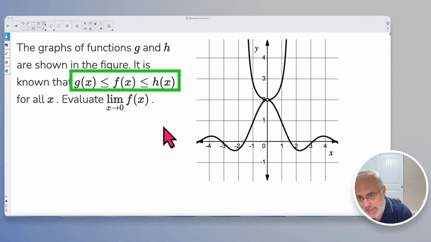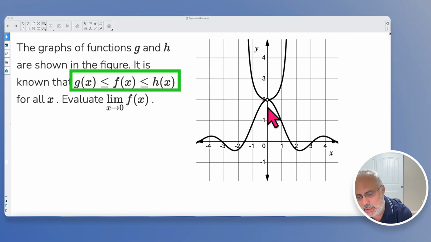Let's say that when x is approaching 0, both functions have limit 2. So if that happens, we can say that the limit of the function f is also equal to 2. This is the squeeze theorem.